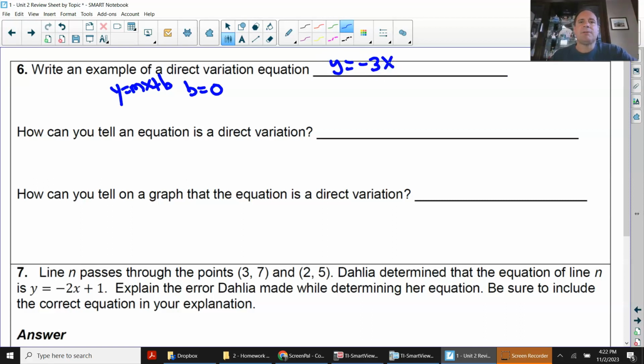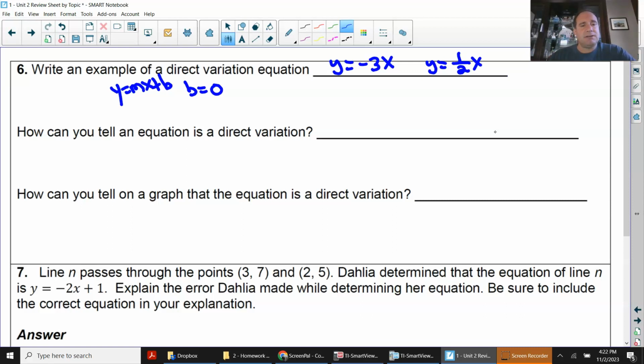I could put y equals negative 3x. That means the slope is negative 3 and the y-intercept is 0. So it's a straight line that goes through the origin. And I'll just put another one here, y equals a half x. Anything with a y-intercept of 0, and that is in that format, y equals mx plus b.